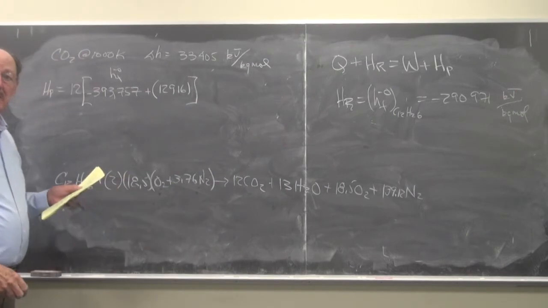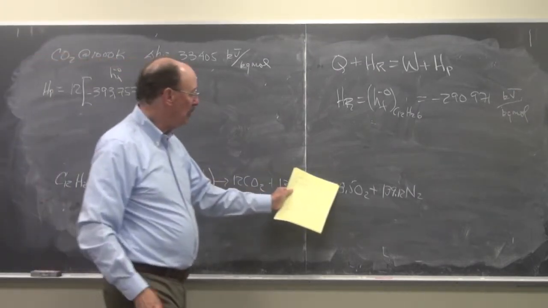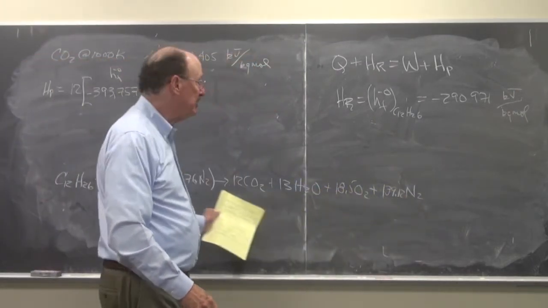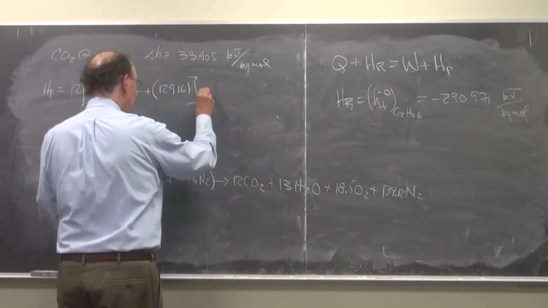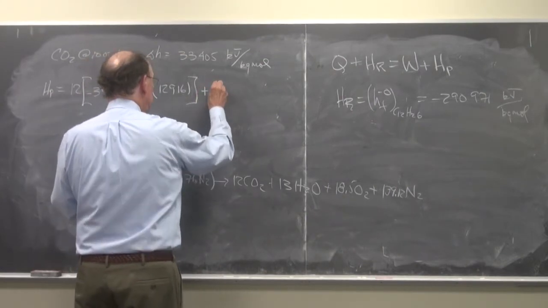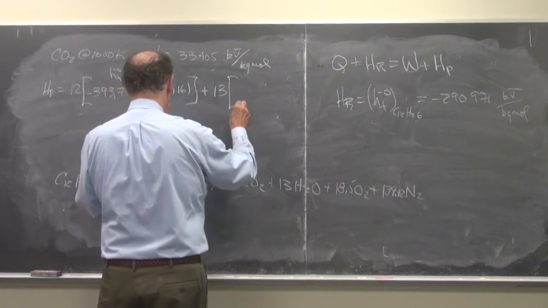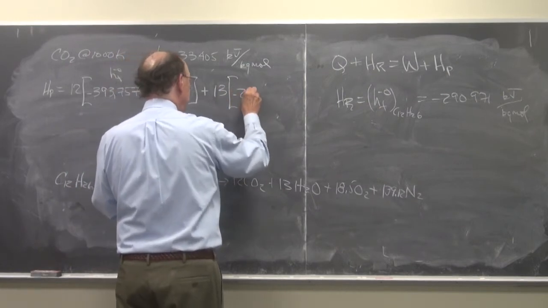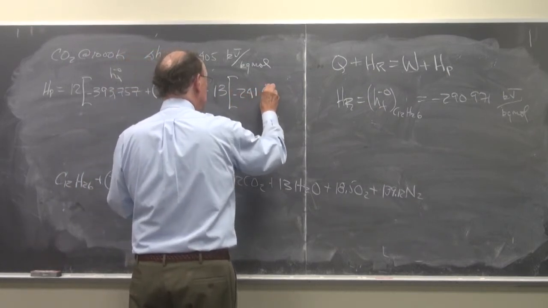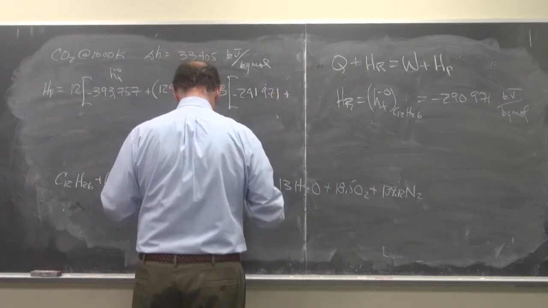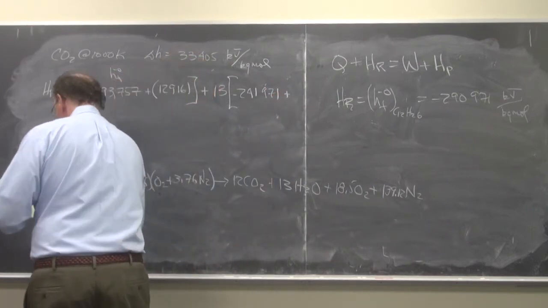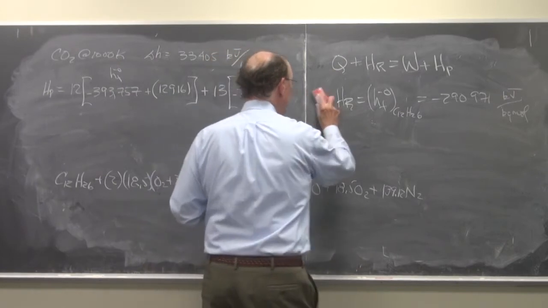So I'm going to do this for each of the terms here, evaluated at 600 degrees K. Plus I have 13 for the water times minus 241,971 plus the delta H is 10,498.